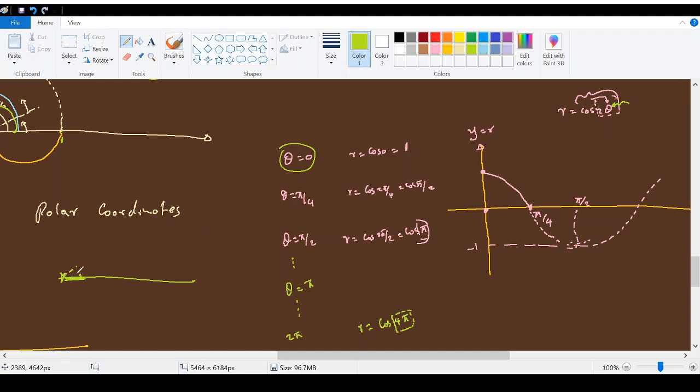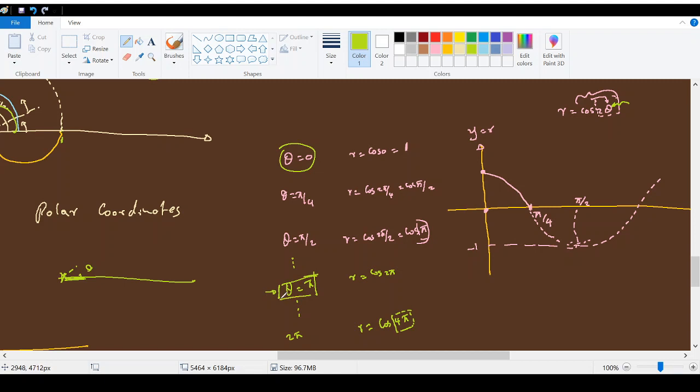When theta is equal to something, we obtain the value of r by multiplying that theta with a certain value and obtaining the cosine value, right? So here also, although at theta equals pi the cosine angle will reach 2 pi, we are not going to stop at this point, okay?